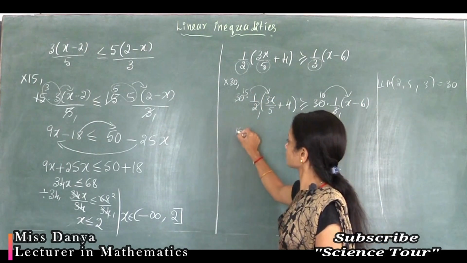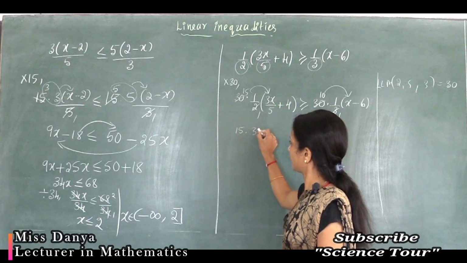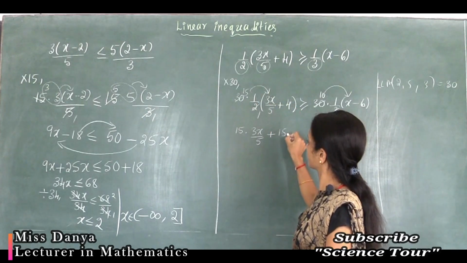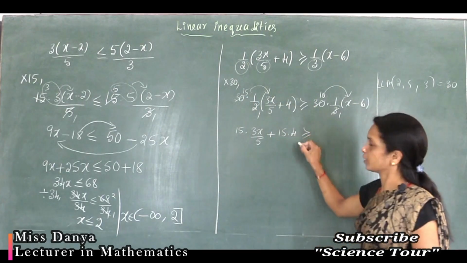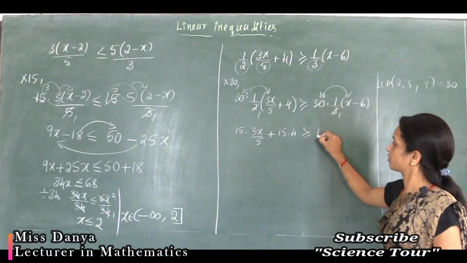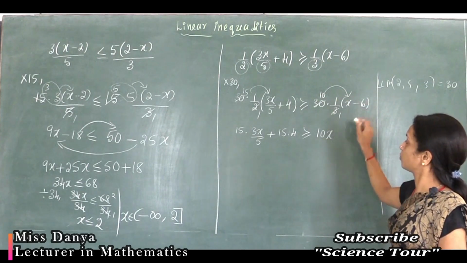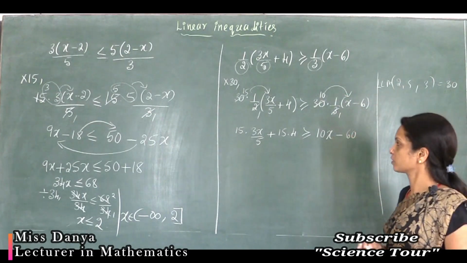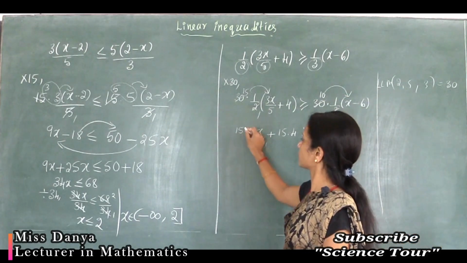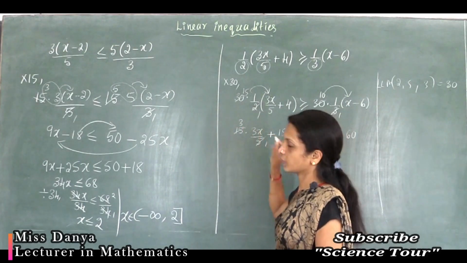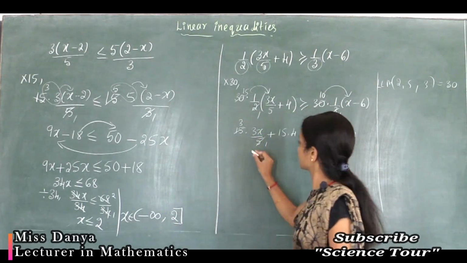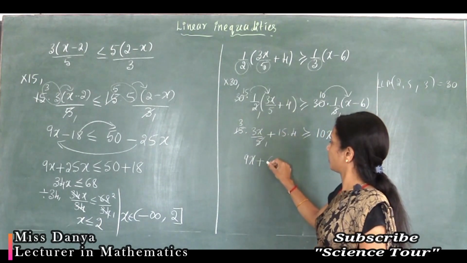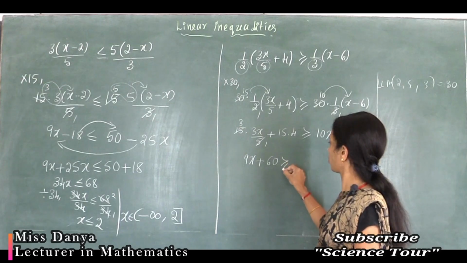So 15 into 3x divided by 5 plus 15 into 4, greater than or equal to 10 into x that is 10x, 10 into minus 6 that is minus 60. Here you can cancel 5 times 3 is 15, and 3 into 3 is 9x.